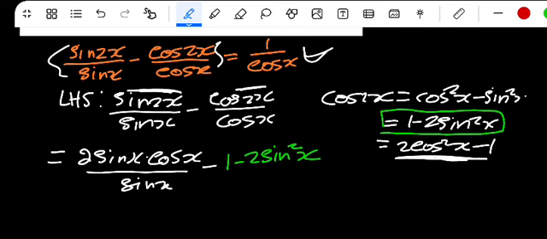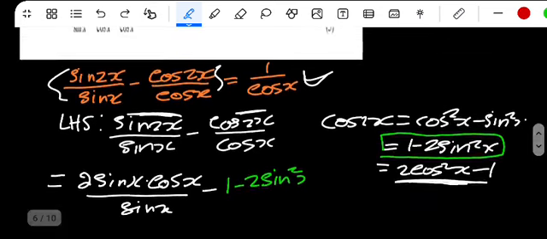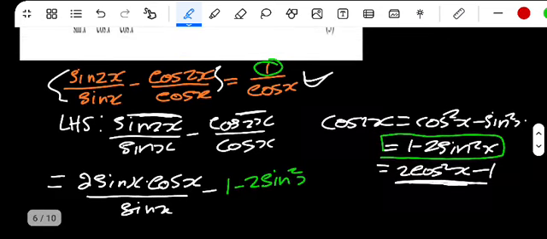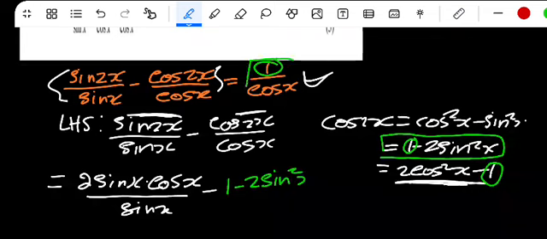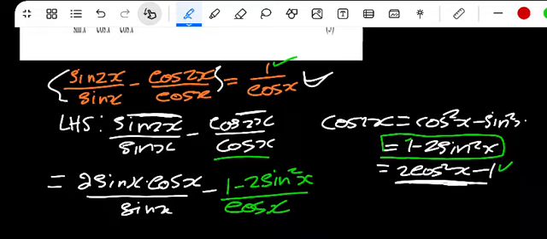As you can see, where we are trying to prove this, we have 1 in the numerator, so you must ask yourself how we can get to this one. Choose something which consists of 1, guys. Then divided by cos x. This is what we have.